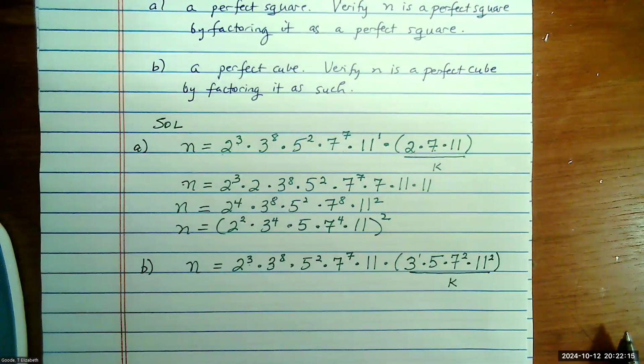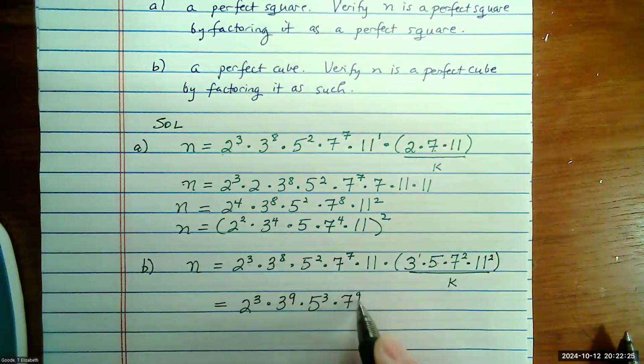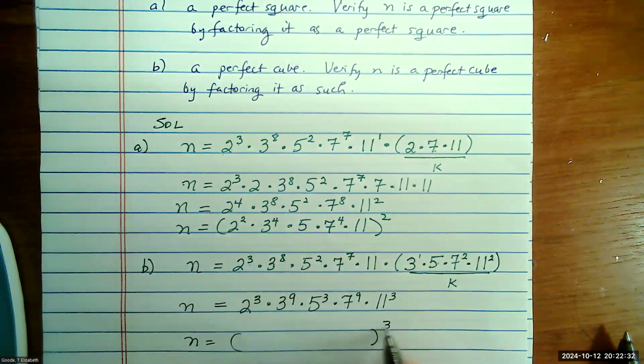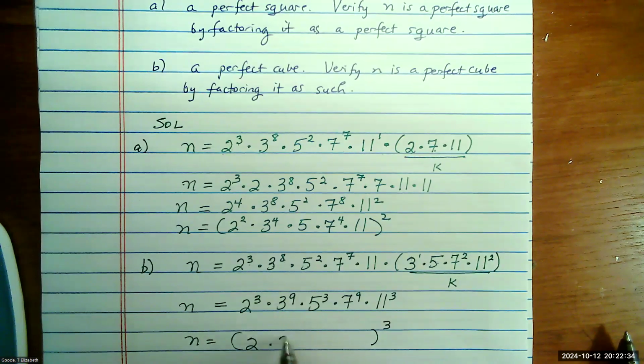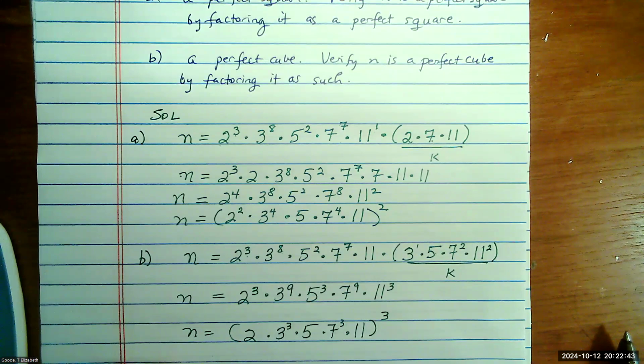And we can verify now that this n is a perfect cube because we've got 2 cubed times 3 to the 9th. I'll just do this in one step. Times 5 cubed times 7 to the 9th times 11 cubed. And that is a perfect cube. Because we can pull out the 3 and we've got 2 times 3 cubed times 5 times 7 cubed times 11. So now we've written n as a perfect cube.